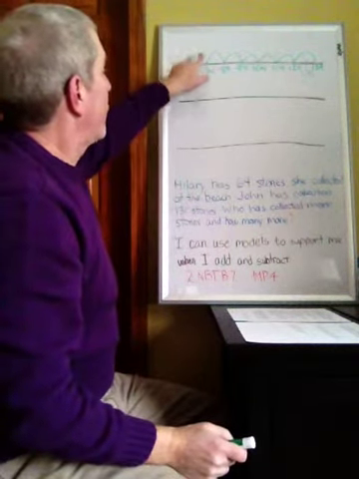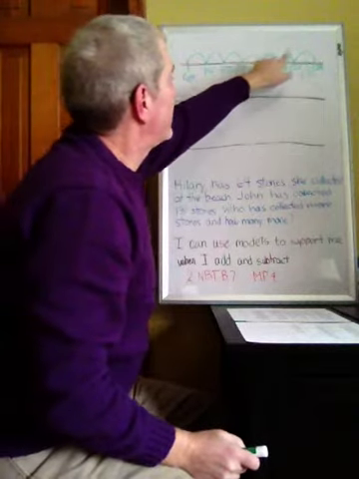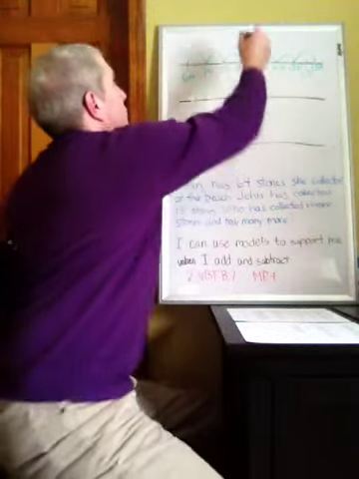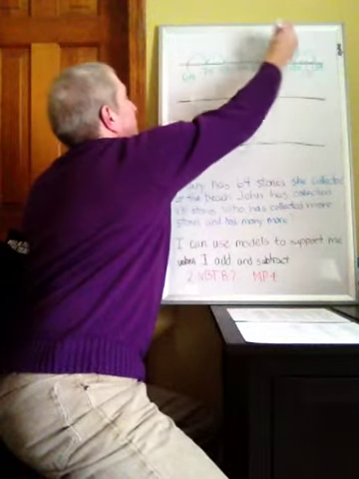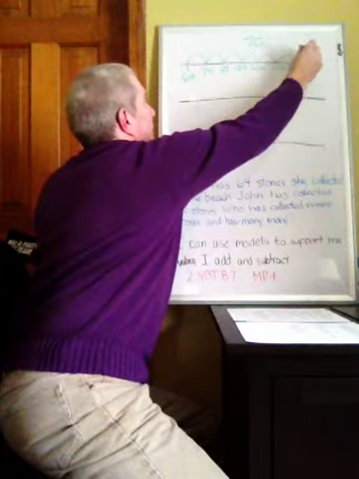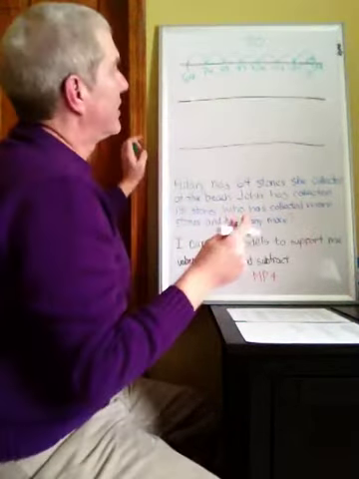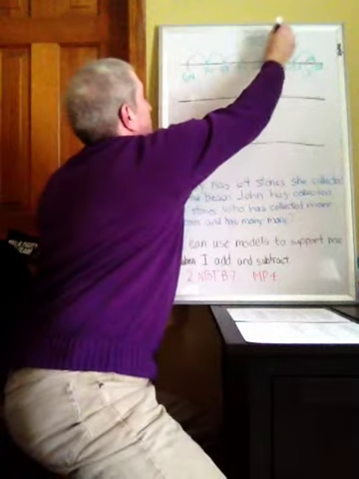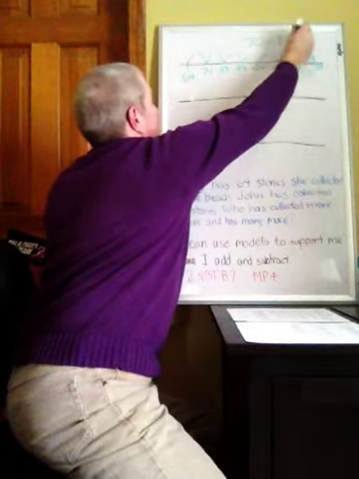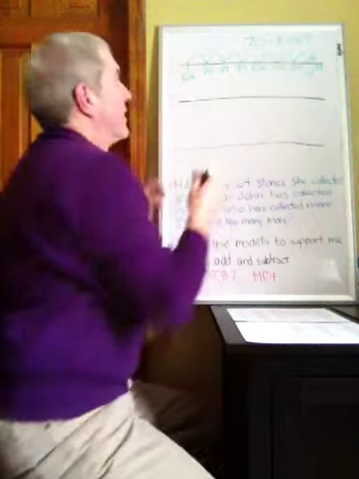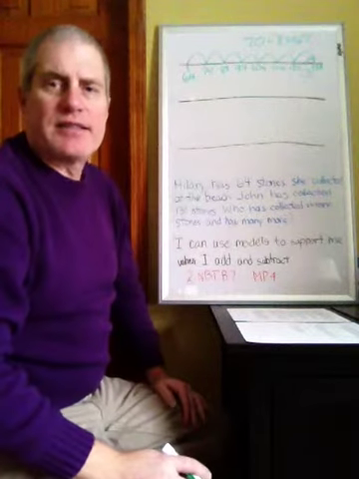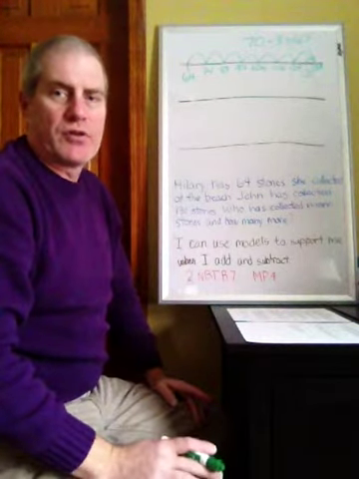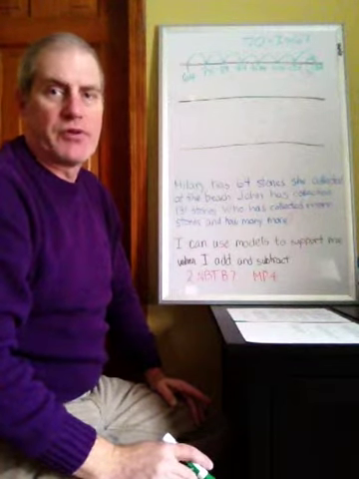So I can count 1, 2, 3, 4, 5, 6, 7. 7 tens, so there was 70. But I'm going to need to jump back 3 to get to my final destination of 131. So 70 minus 3 is 67. So Hillary needs 67 more stones in order to get to John's 131.